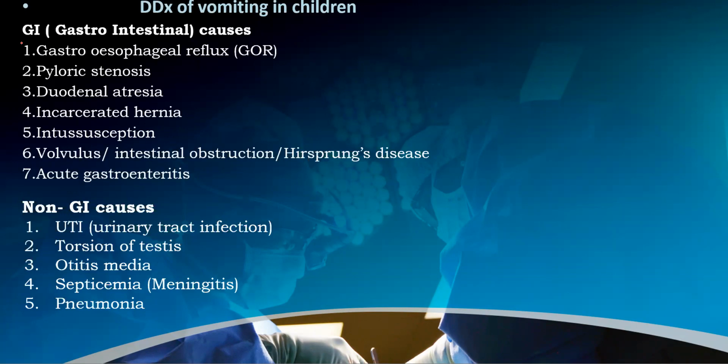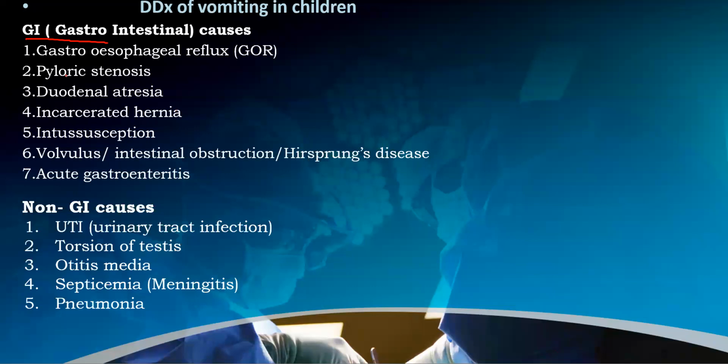GIT related causes are pretty important for the exam. So you have gastroesophageal reflux, pyloric stenosis, duodenal atresia, incarcerated hernia, intussusception, volvulus intestinal obstruction, Hirschsprung disease, or sometimes even acute gastroenteritis can come with vomiting.